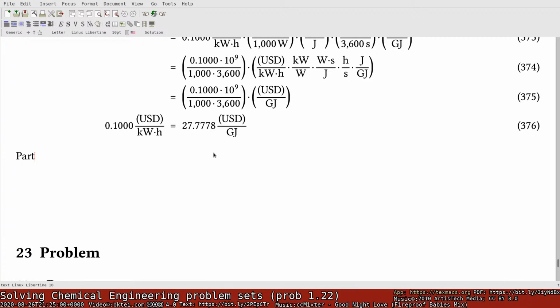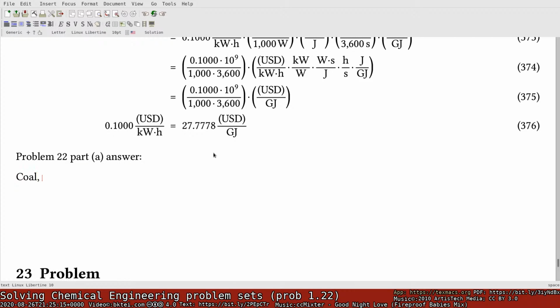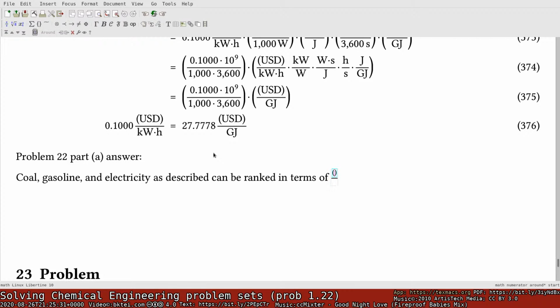So, problem 22, part A, answer. Coal, gasoline, and electricity, as described, can be ranked in terms of USD per gigajoule, like so.